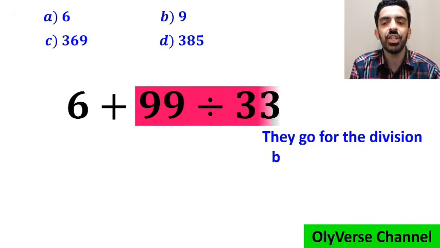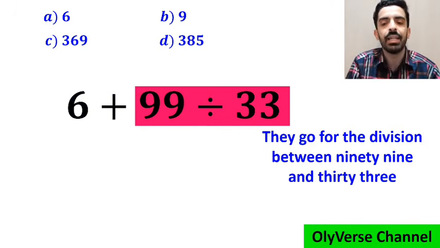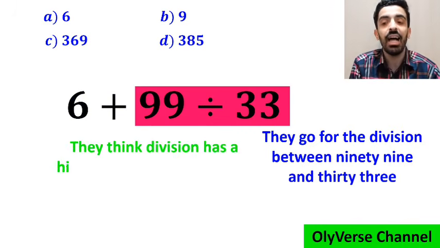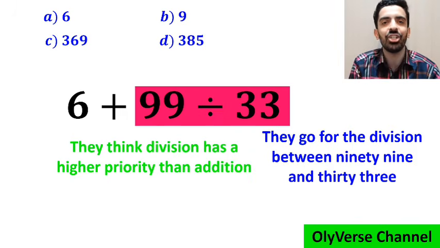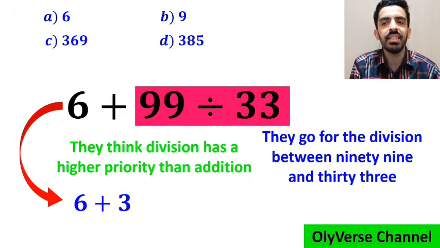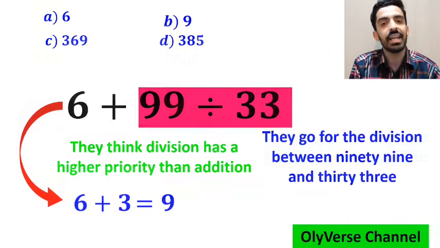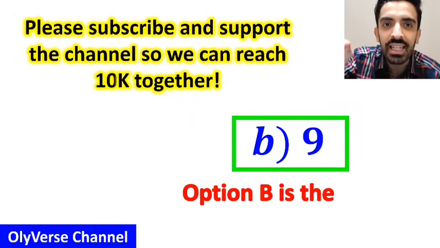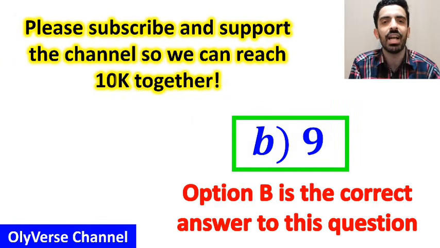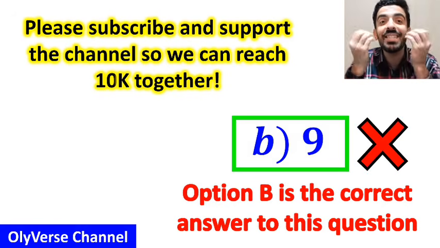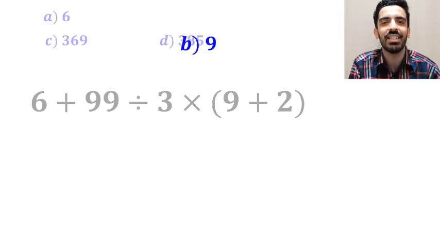Then, they go for the division between 99 and 33 because they think division has a higher priority than addition. So, they rewrite this expression as 6 plus 3, which ultimately gives them the answer 9. And immediately, they conclude that option B is the correct answer to this question. But I have to say, we were tricked and it's not the correct answer to this question.